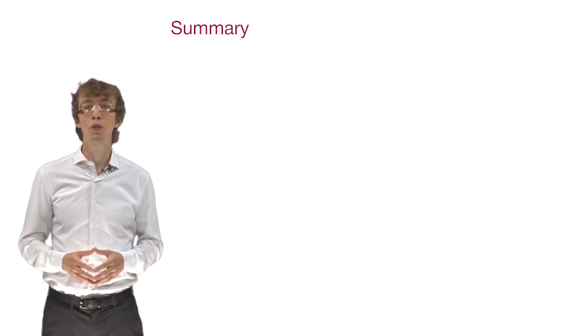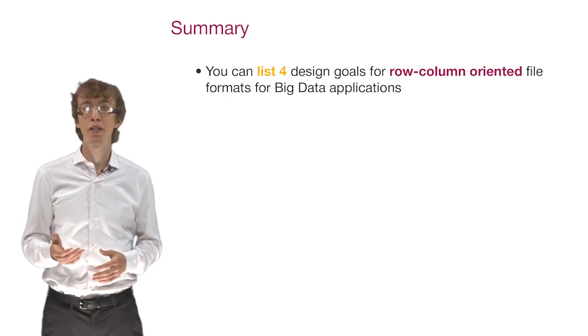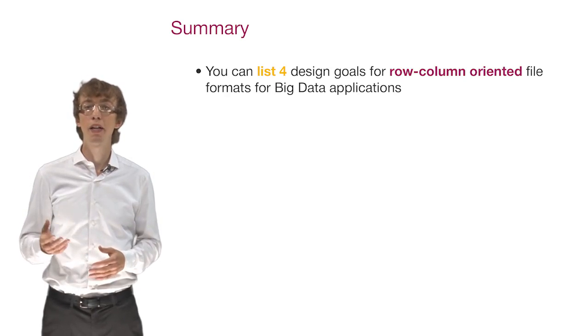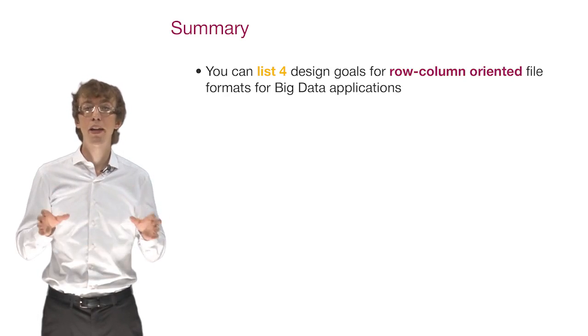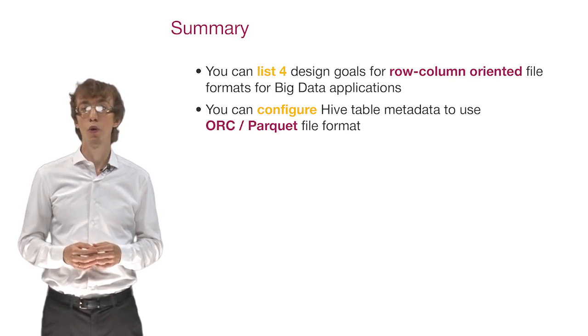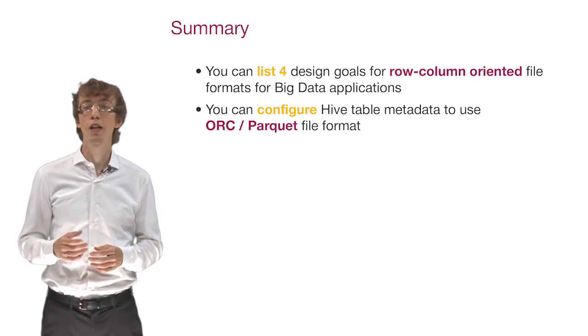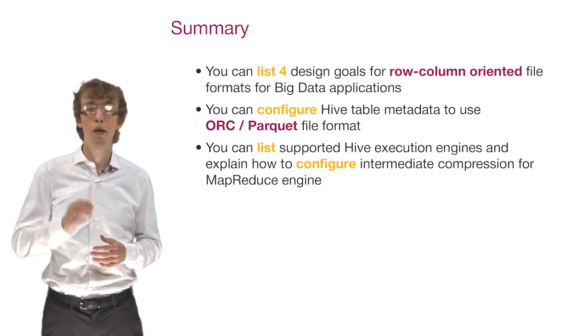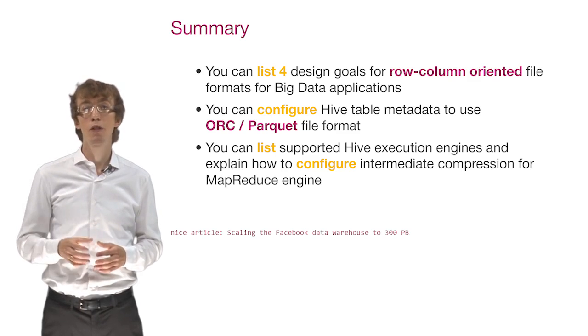In this video you have learned what the components are to build an efficient row-column oriented file format for big data applications without any regular workload patterns. You know how to use ORC and Parquet file formats in Hive tables. And please, don't forget about intermediate compression. Take my word for it.